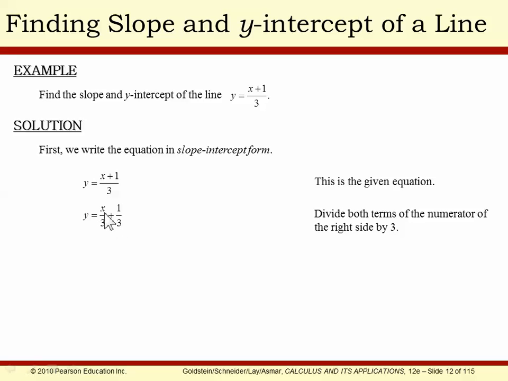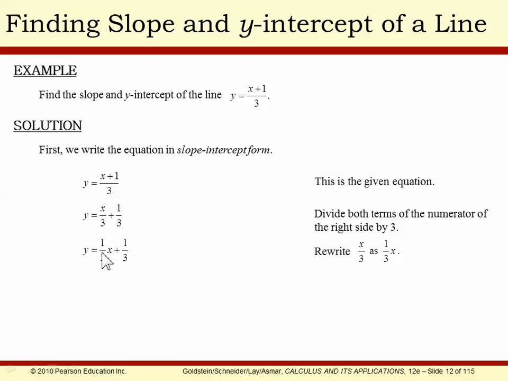So just to review from fractions, sometimes when you throw an x in there, people forget what it is. Of course, this is the same as 1/3 x plus 1/3. So we wind up with a line where the y-intercept is 1/3 and the slope is 1/3.